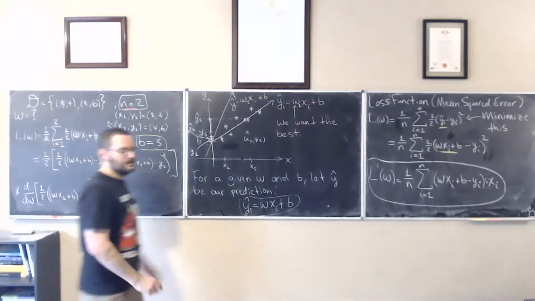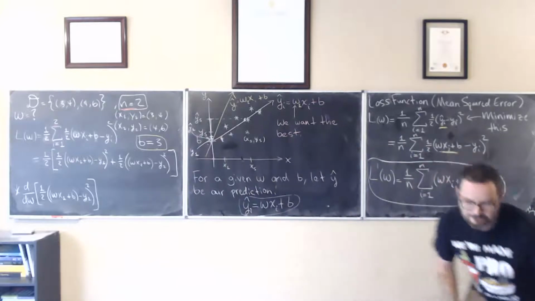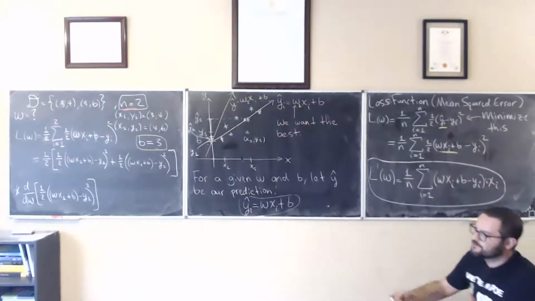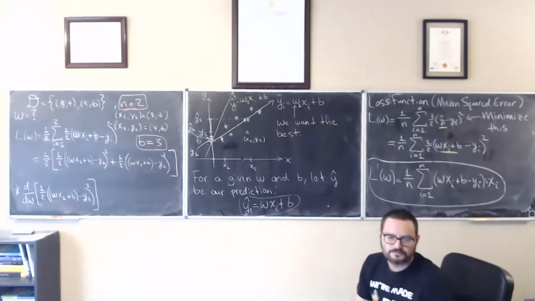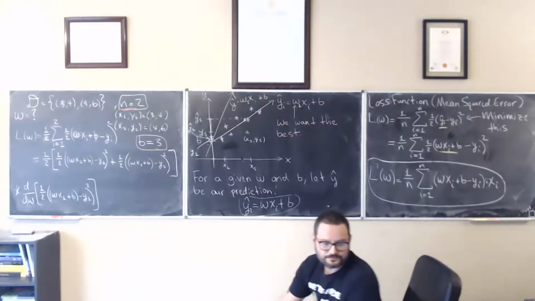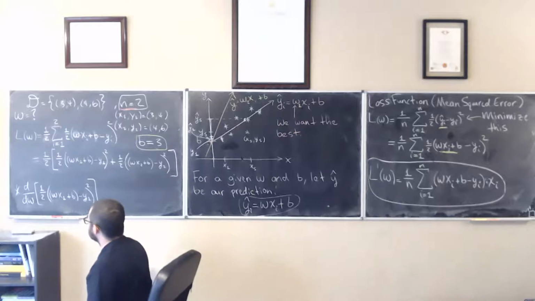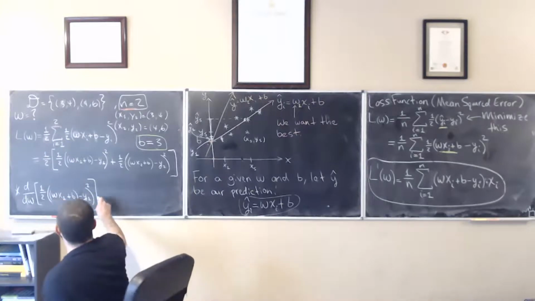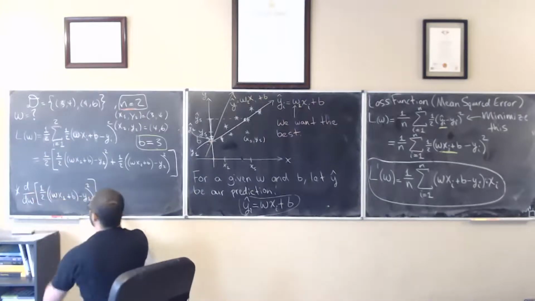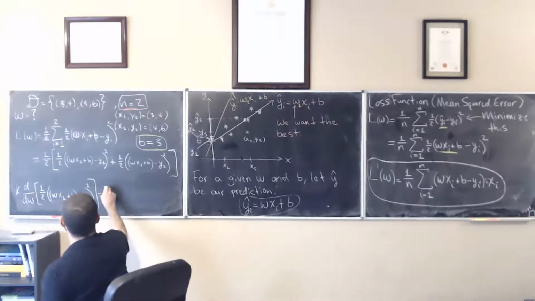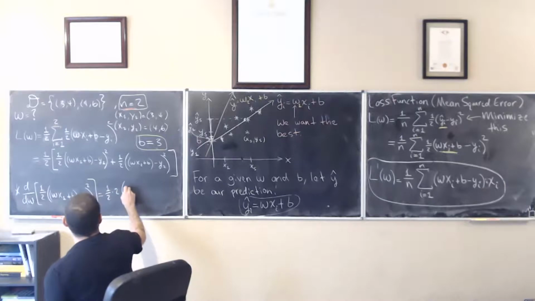What's the only variable in there? The only W is inside, right? So take the derivative of the outside, so 2 times 1/2, so we have 1/2 times 2 times the inside.